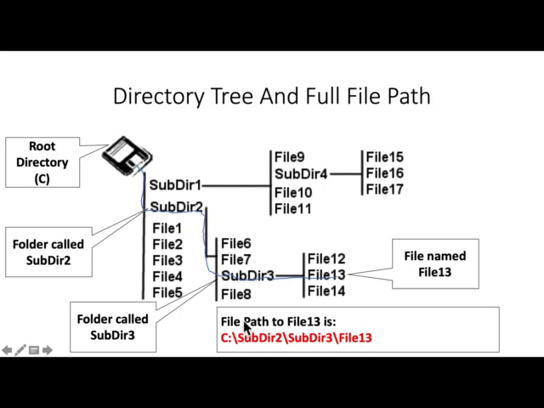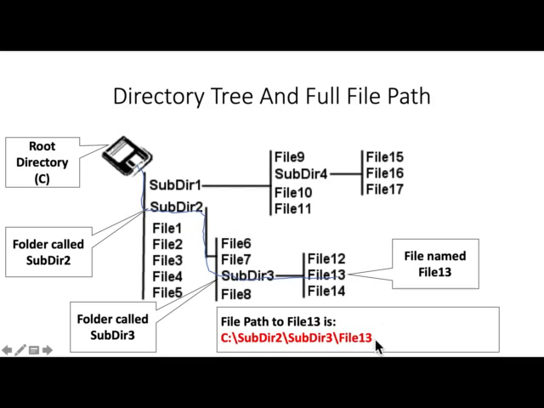In that case, I start with C, colon, the root directory has to have a colon, slash, then I go to subdir2, and inside that is subdir3, and then I finally reach my file name, which is file 13. So this whole string is the full file path.